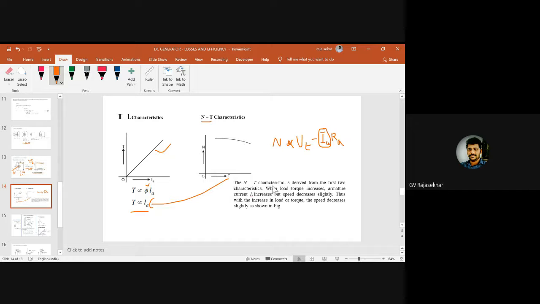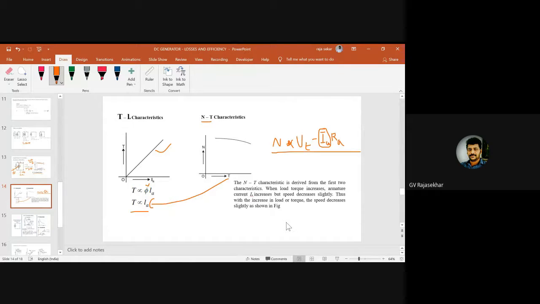The speed and torque characteristics is derived from the first two characteristics. Using the equations from the first two, we derive the expression and thereby draw the graph. When the load torque increases, armature current increases, but speed decreases slightly. Thus, with the increase in the load or torque, the speed decreases slightly as shown in the figure.